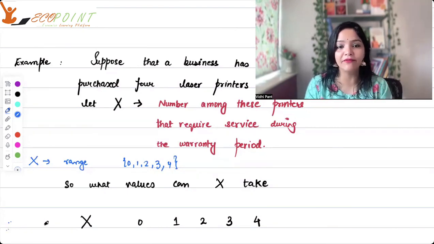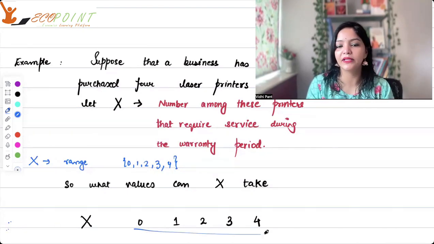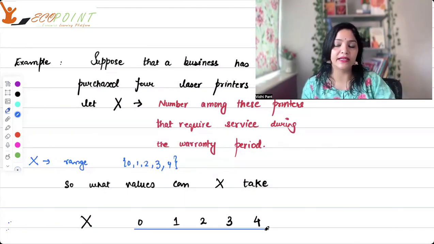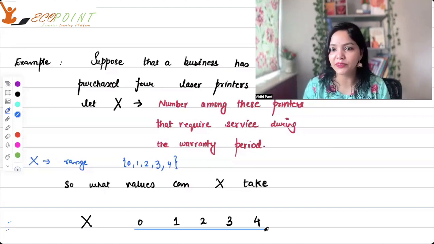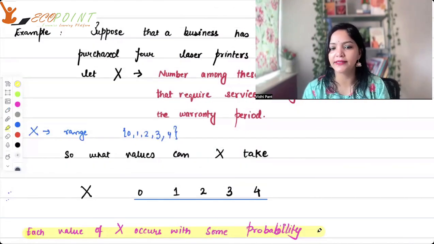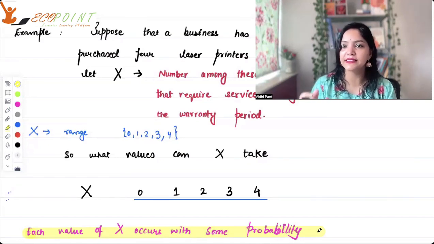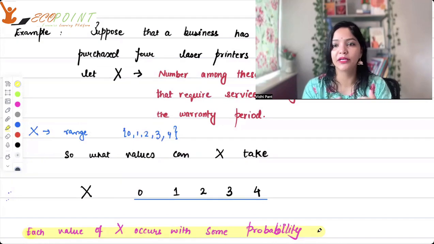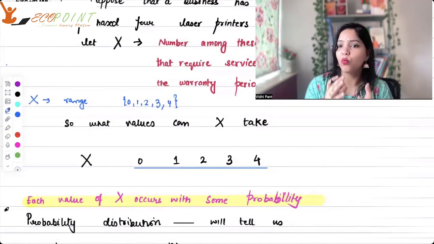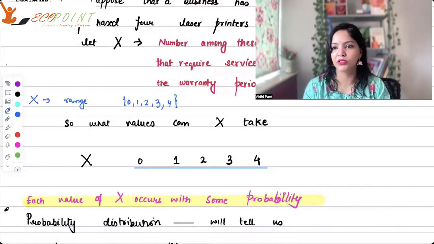Now recall, every value that the random variable takes is directly related to the outcomes in your sample space, right? So therefore, each value of X occurs with some probability. And hence there is the notion of a probability distribution. Now, what will a probability distribution give us?